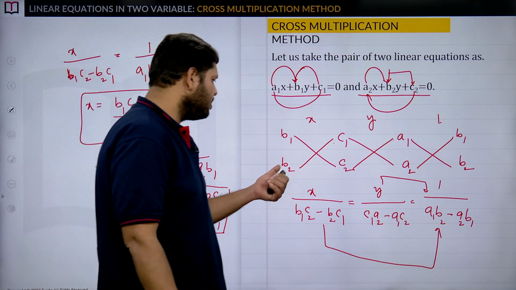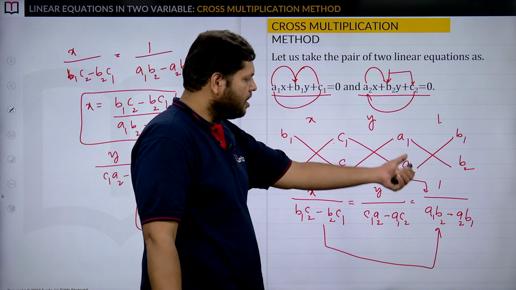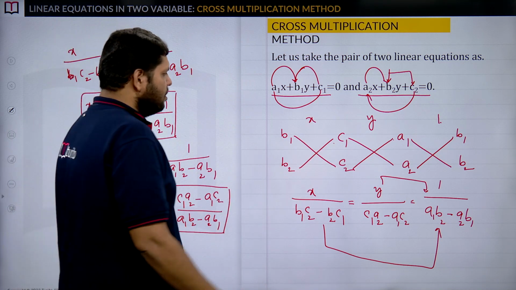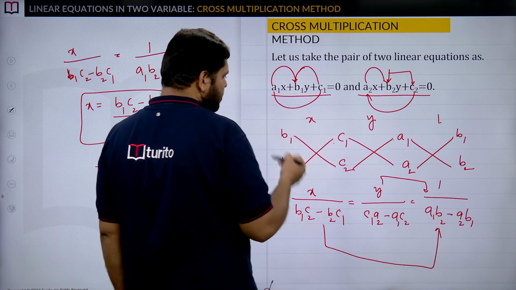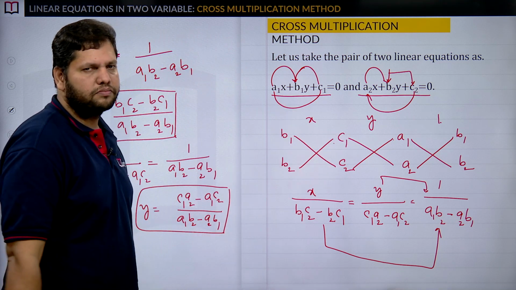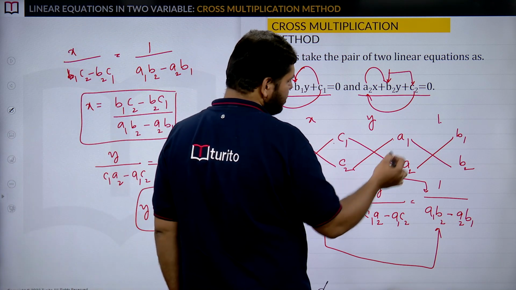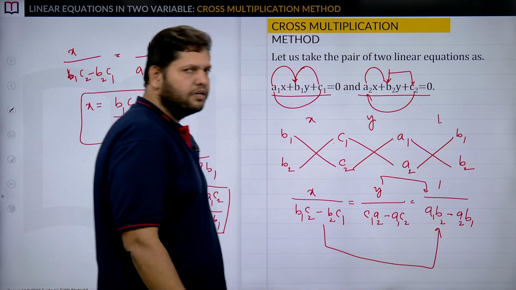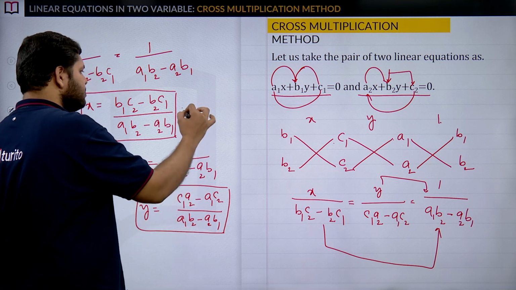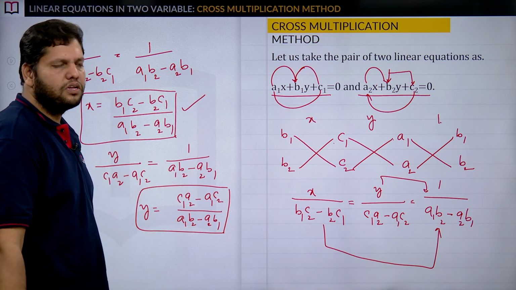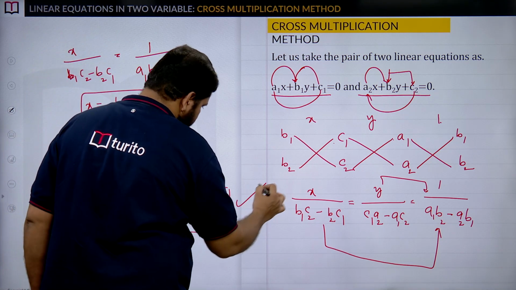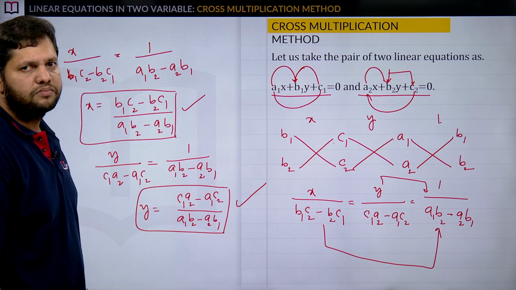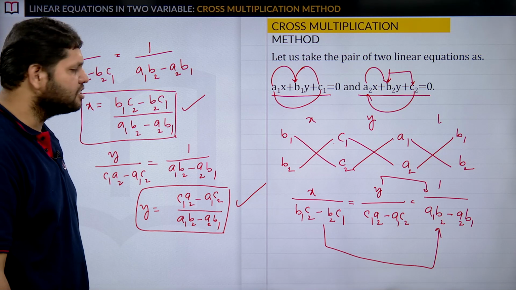Here also, y coefficient, constant, again x coefficient, and the y coefficient. So multiply these two and subtract the multiplication of these two, and multiply these two minus multiply these two, multiply these two minus again multiply these two. Then we get the x value and the y value. Clear, children? Any doubts regarding this cross multiplication method?